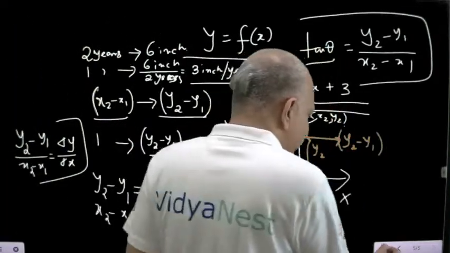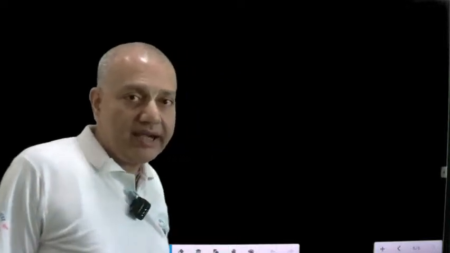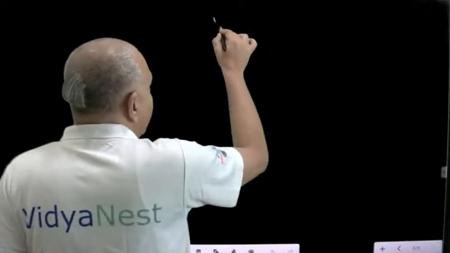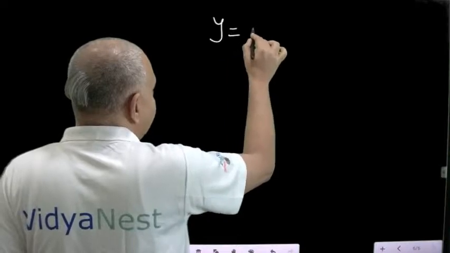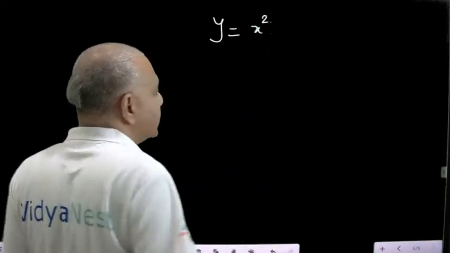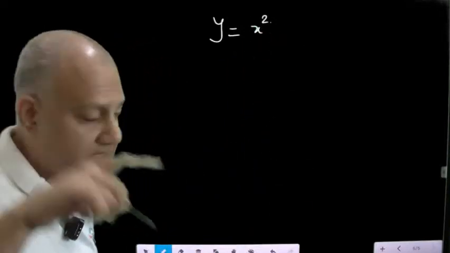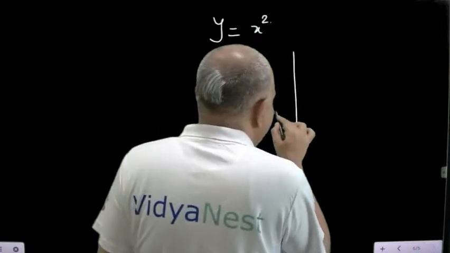Now you can see that in the previous case I drew a straight line graph. It is not necessary that every time I will have a straight line graph. I can have an equation like y is equal to x square. It is not a straight line graph. It is a curve, a parabolic curve.